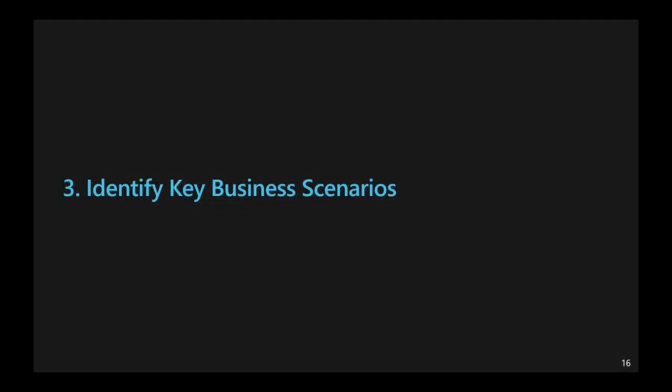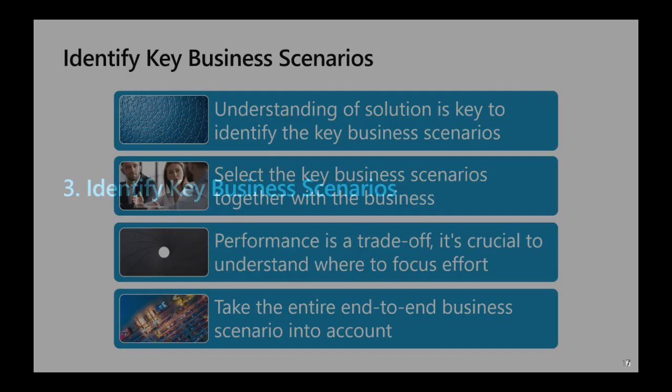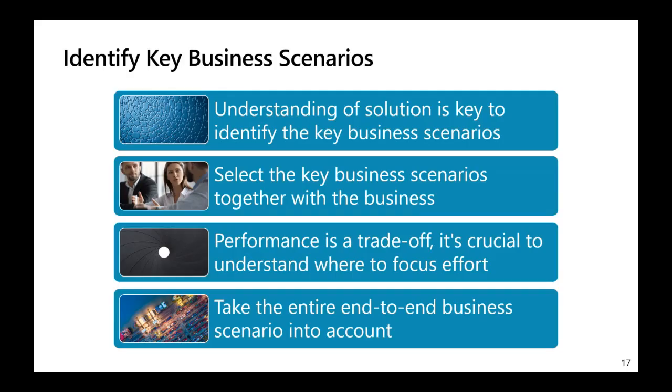So the question is now how to identify the key business scenarios to be included in the performance testing. To answer this question, we must first understand the solution. It's a prerequisite to identify the key business scenarios. It's important to select the key business scenarios together with the business.